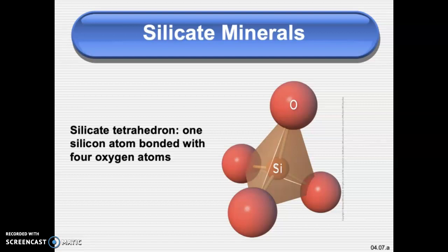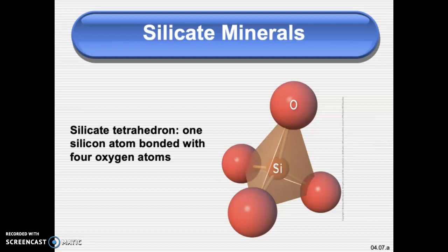And the oxygen atoms need to keep as far apart from each other as possible. And so they set up this little pyramid that we call a tetrahedron. The base of the pyramid is a triangle, and each of the sides of the pyramid are a triangle. So it is a four-sided object, a pyramid with a triangular base and three triangular sides. So that's what the tetrahedron is.